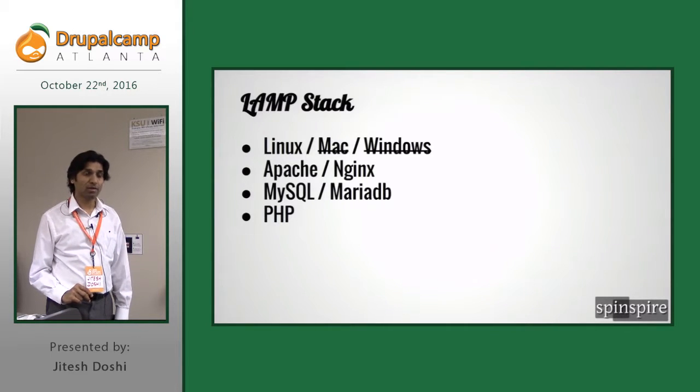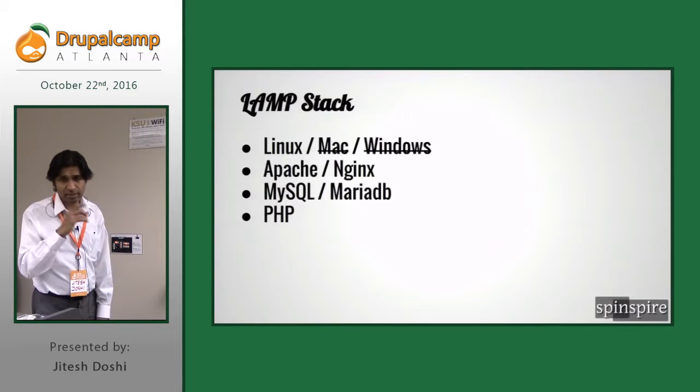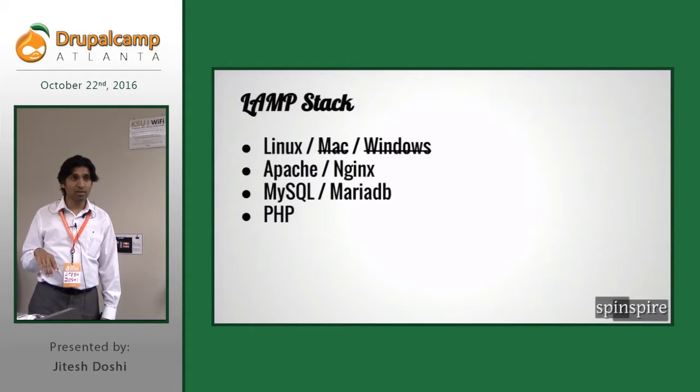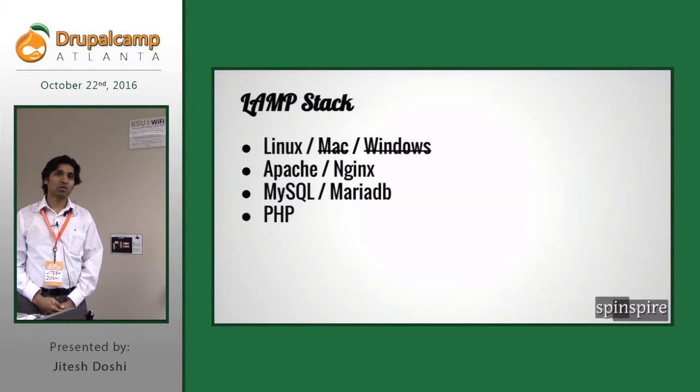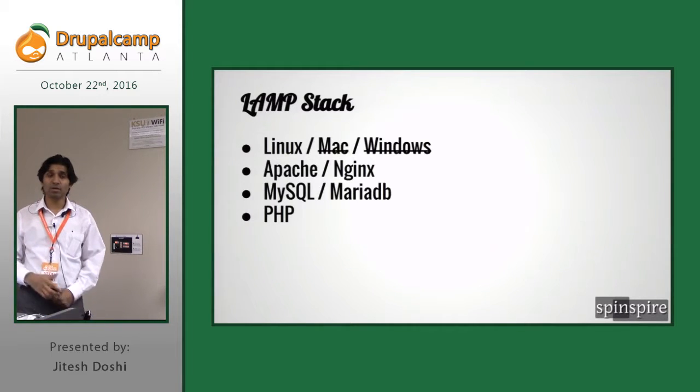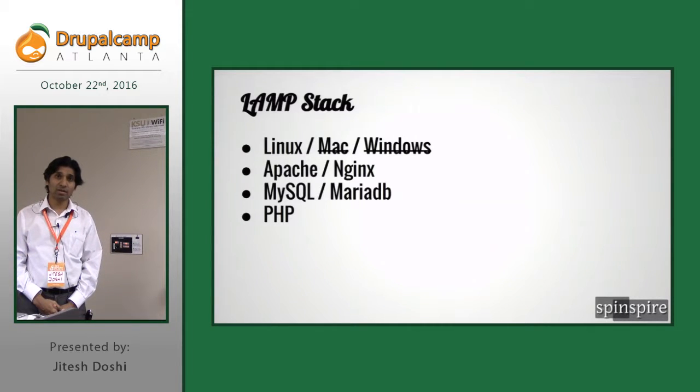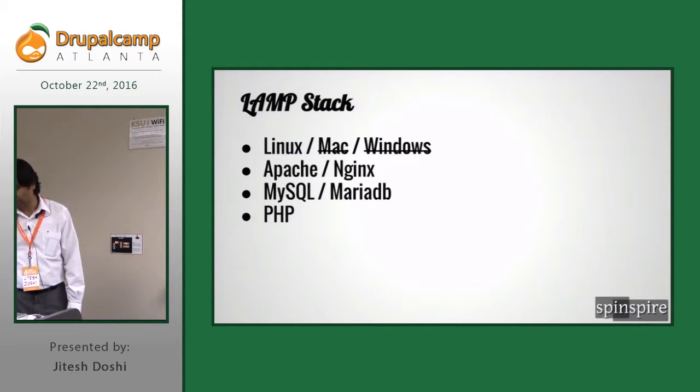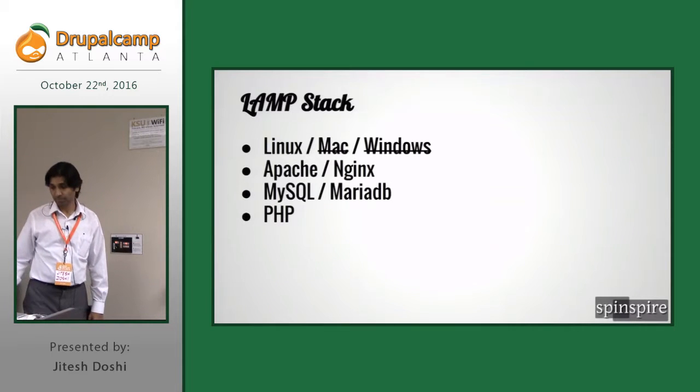I do not run anything on Apache. Not because Apache is bad, it has served us very well, but Nginx is so much faster, so much more flexible, it has so many features, and it's a tiny server. Its memory footprint is very small, and it's very modular. So in every respect, I like Nginx.